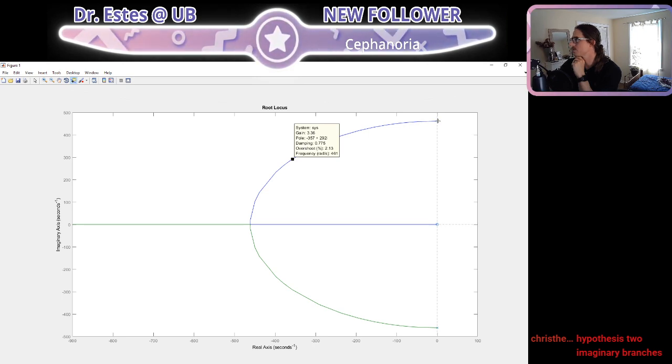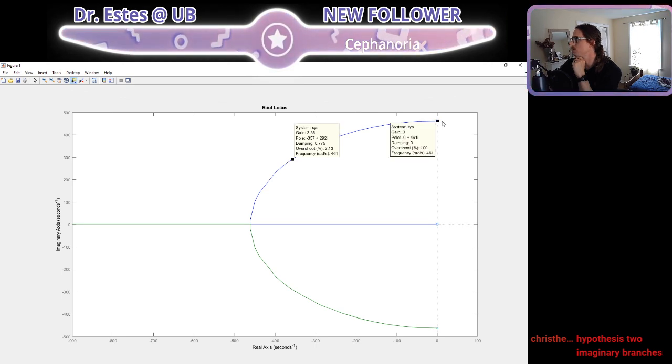If my resistance was equal to 0, way out here, this is what my poles would be. Well, pole, when it says pole, that's just your system roots. So the roots are purely imaginary out here.